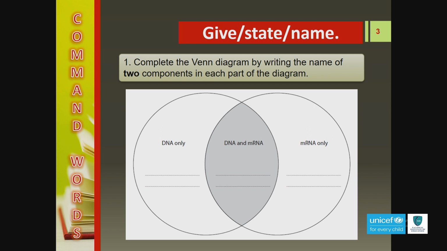If we look into this command word, this is the simplest way of asking a question to a student, stating name in it. So this falls into the knowledge level. If you look into our IAL specification, the assessment objectives, it goes into AO1, which is about the knowledge, transferring the knowledge and understanding of the students about a scientific area.